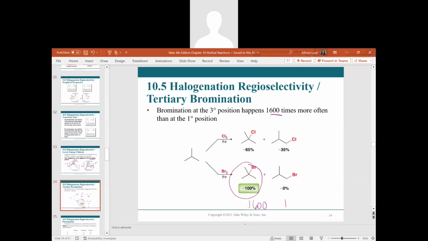So that's what we're told here. So this 1 to 1,600 gives us this 0 to 100% ratio of our primary to tertiary product. So you can just assume that if you have a tertiary radical site possible, bromination will occur there. But with chlorination, we still see that tertiary site versus primary site in this 65-35% split.